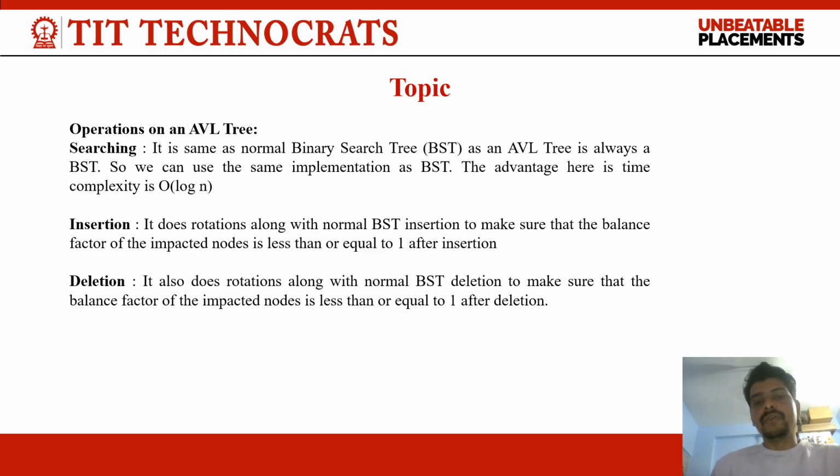So we use the four types of rotation, LL, RR, RL, LR, to fix this imbalance. Now we discuss deletion. It is the same: if we delete any node, we always have to manage the balancing factor, which we have discussed previously: -1, +1 or 0.